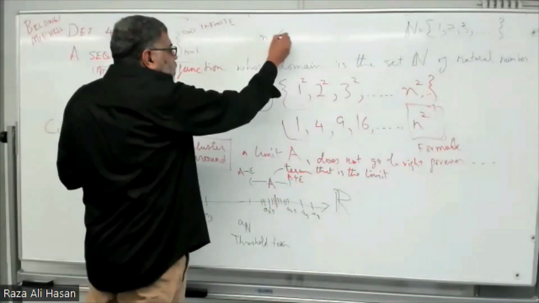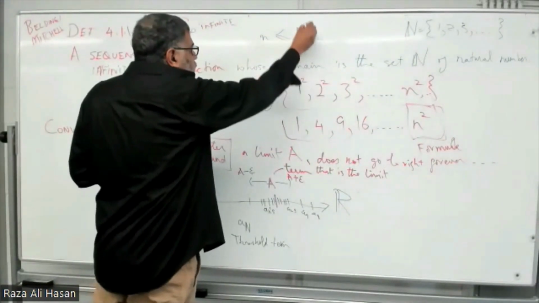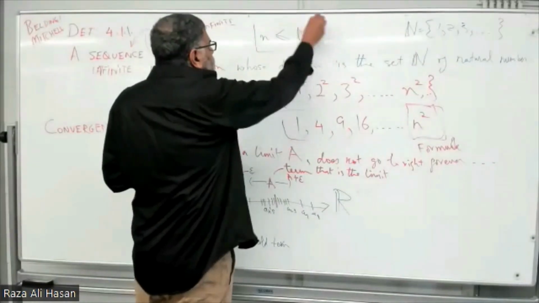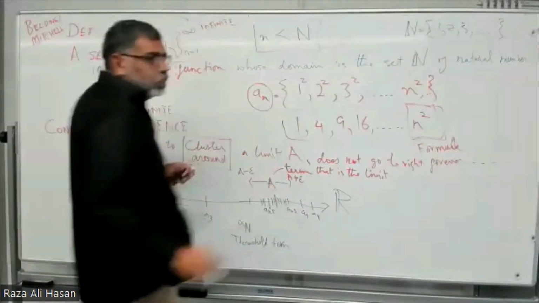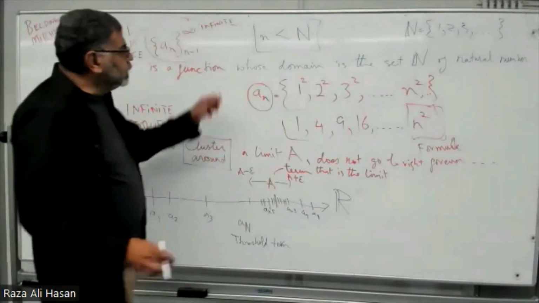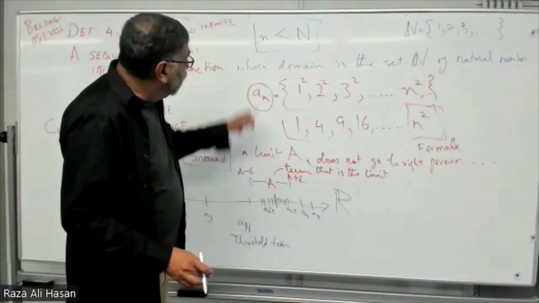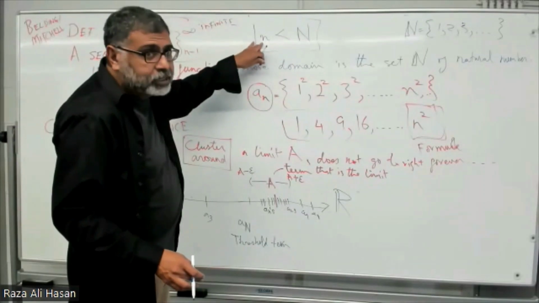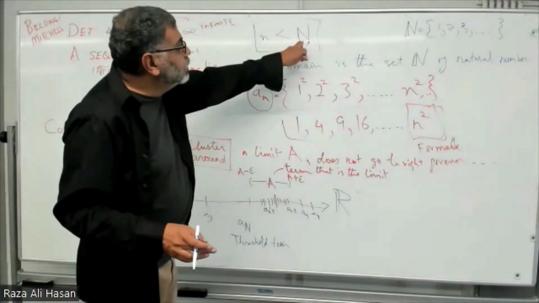Because you can say this, N is less than or equal to uppercase N. If you just do this, then N is not going to be within all the terms of the sequence after the threshold term.